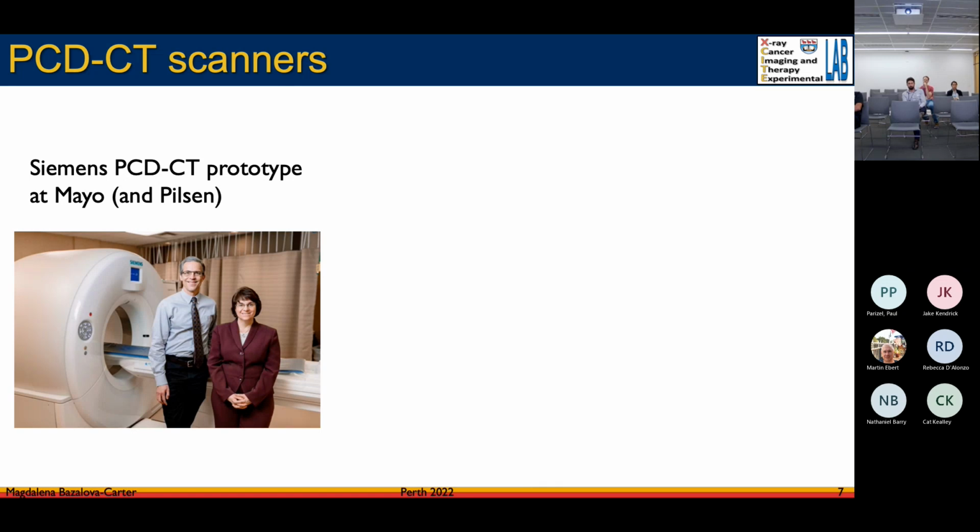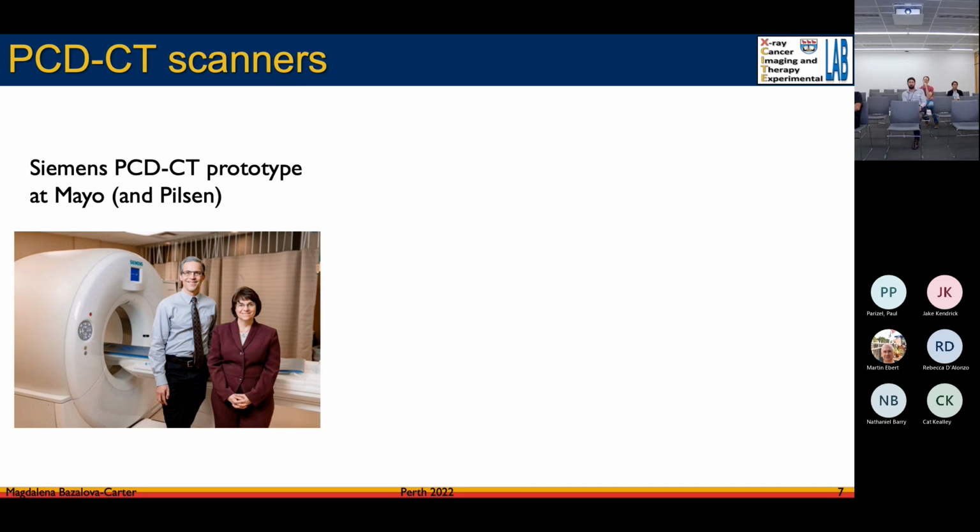The one at Mayo Clinic shown over here was installed in 2015, and it was actually used for patient images. You can see their prototype scanner with Dr. Fletcher and Dr. McCullough. Dr. Fletcher is a physician, Dr. McCullough is a physicist, and they have been doing lots of photon counting CT imaging of patients.